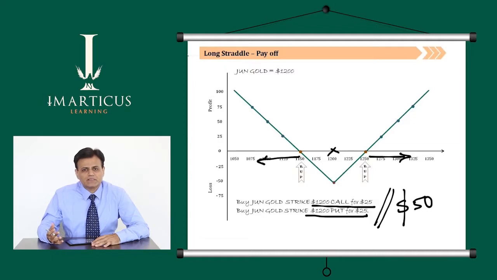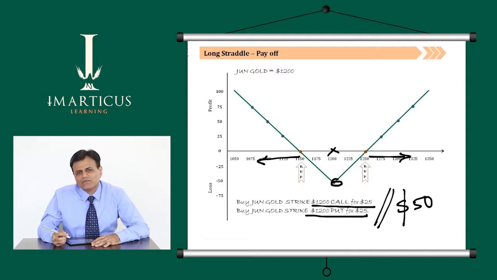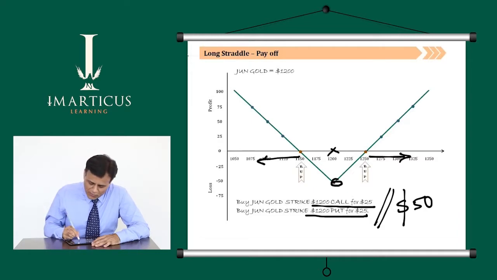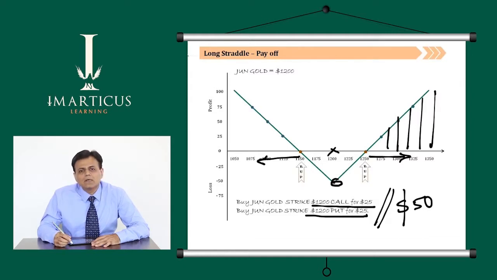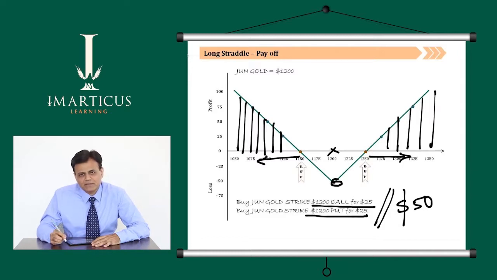However, if the prices of gold stay at $1,200, we will lose the entire amount of $50, and that would be our maximum loss in this strategy. If the prices of gold exceed $1,250, we will stand to gain, and at the same time, if the prices of gold go below $1,150, we will stand to gain.